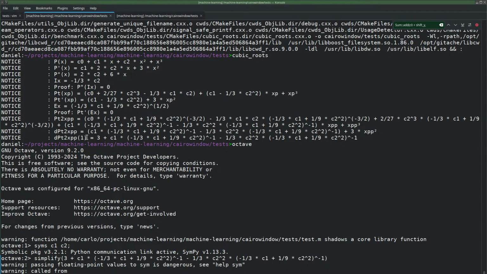I don't know why it's failing to see that. I mean, this is even the same.